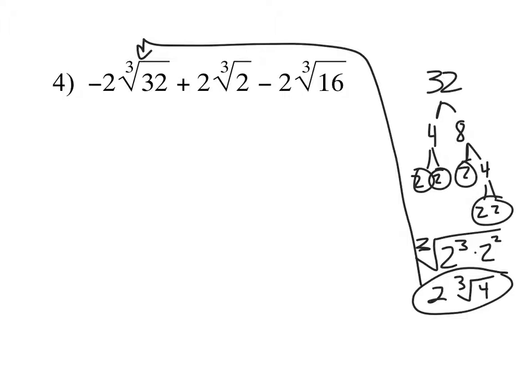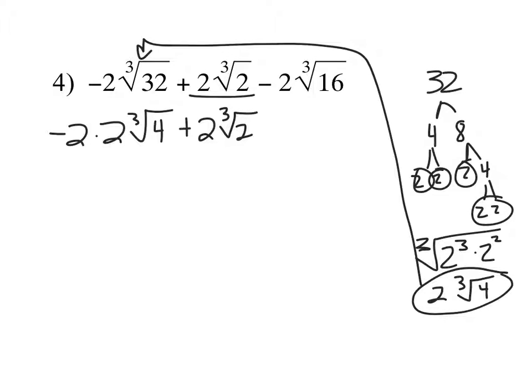So it's going to be negative 2 times 2 times the cube root of 4. Plus, this guy doesn't change at all because I can't break down 2. 2 times the cube root of 2, and then 16. Okay, so 16 goes to 4 and 4, 2 and 2, and 2 and 2.